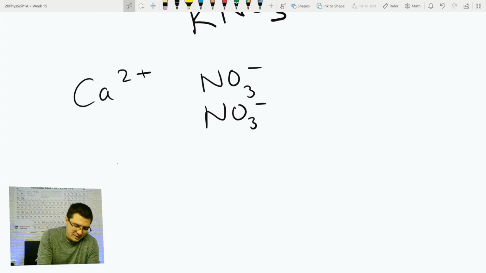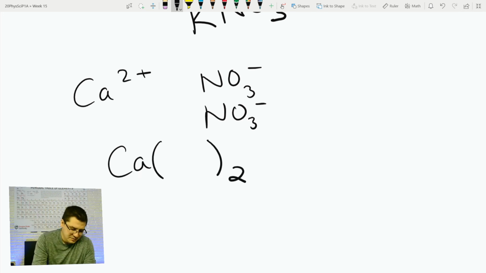So to do this, I would need 1 calcium and 2 nitrates. And I group those, the nitrogen and the 3 oxygens together, that nitrate, in parentheses, and I put a little 2 outside showing that I have 2 nitrates.